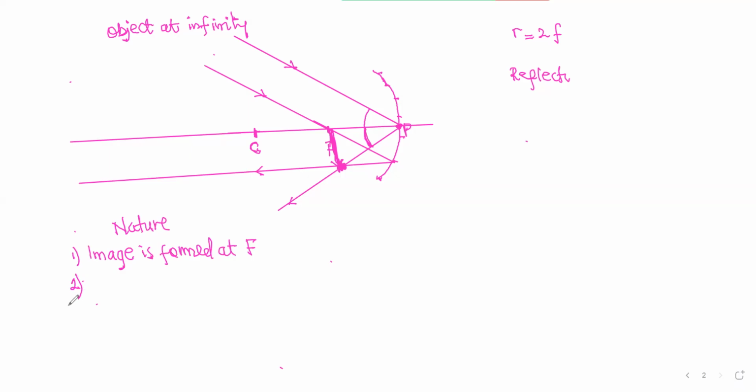Yes, help me describe the nature of the image formed. Image is formed at F. Yes, class, I'm waiting for you. Look at the image and then let's discuss it.